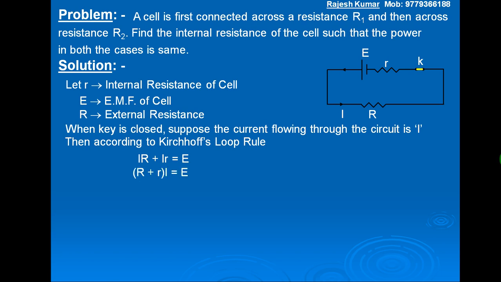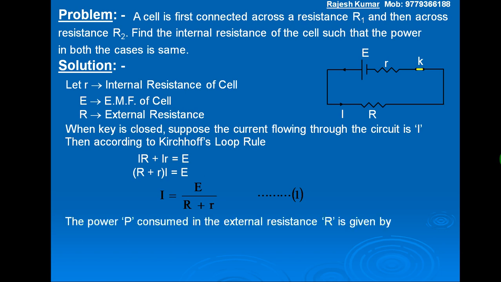Taking I common, we get (R plus r) times I is equal to E, or I is equal to E upon (R plus r). Let it be equation number 1.